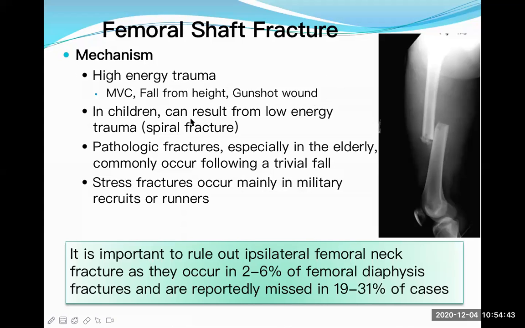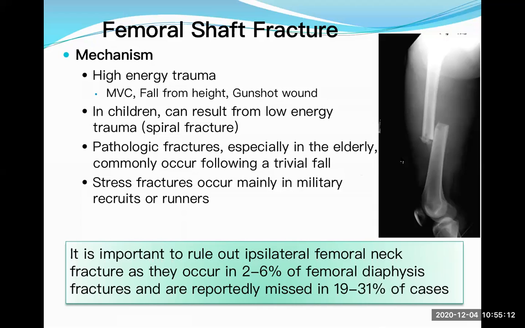In children, it can result from low energy trauma because their bone is not that strong, and that can result in a spiral type of fracture. Twisting force is necessary. Pathological fracture can occur commonly in the elderly population because their bone is already osteoporotic. The bone is already weaker, so a small or trivial fall or injury can cause the fracture.